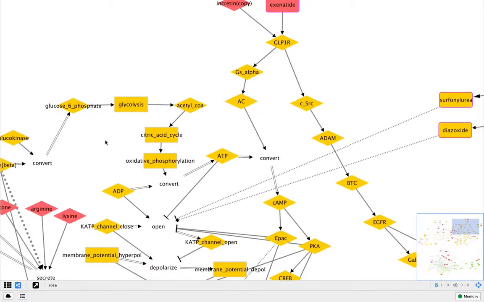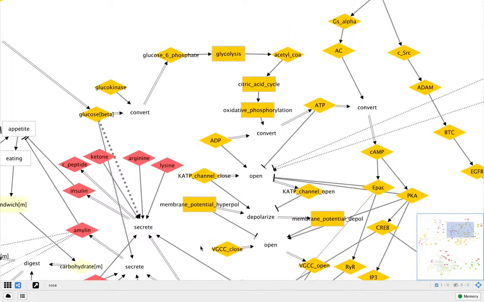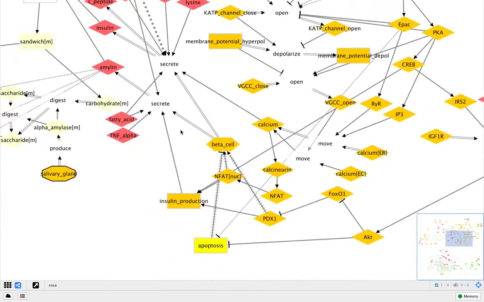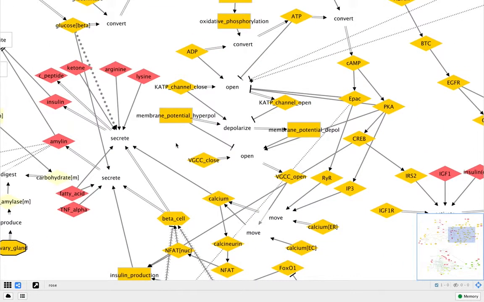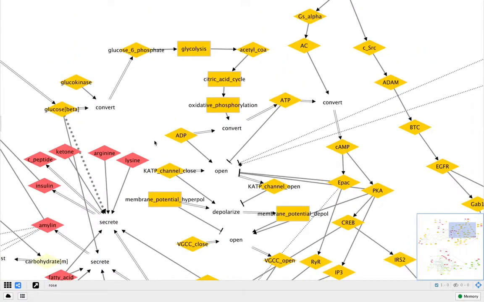And this is all the mechanism of how the incretin is produced and how the incretin works in the beta cell. Thank you for listening.